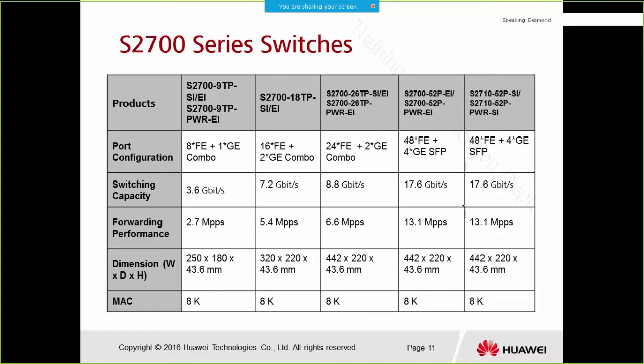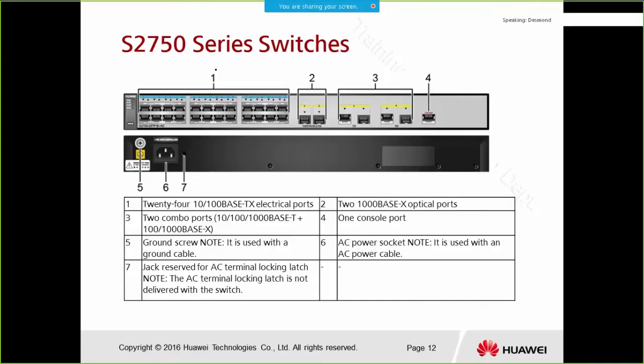All of them are 1 U high. The latest version is S2750 series switches. For this switch, again, the uplink ports are 2 optical uplink ports and 2 combo ports and 1 console port.